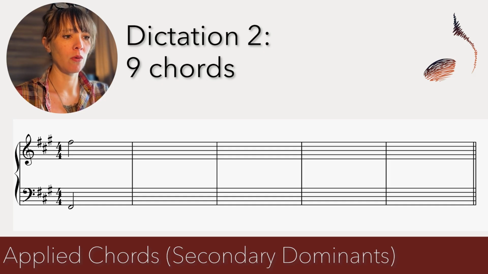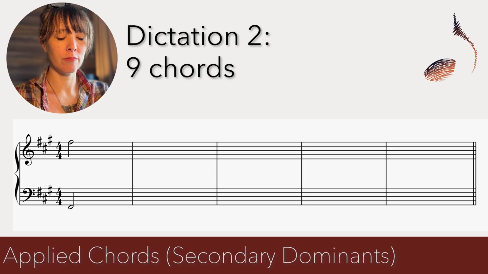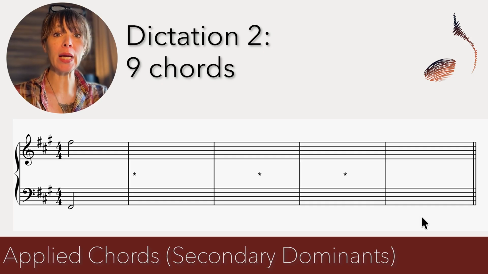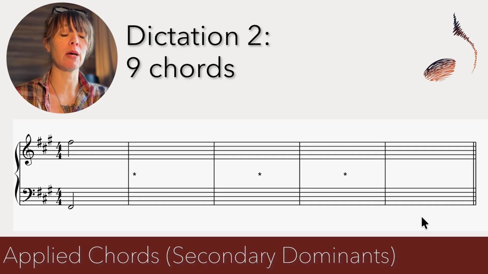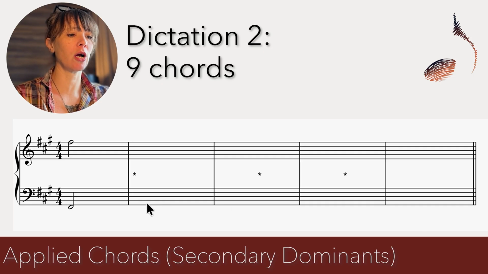Okay, one more time. Okay, so let's take a look at where there might be a dominant sounding chord. I've put a star on the first chord of the second measure, or chord 3.